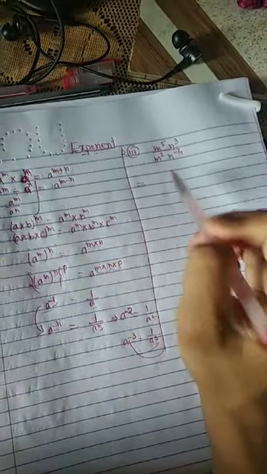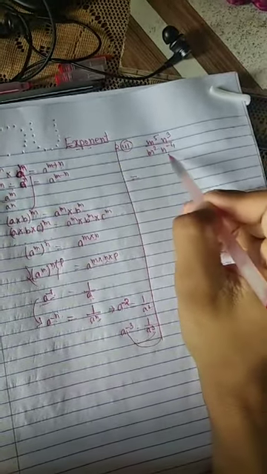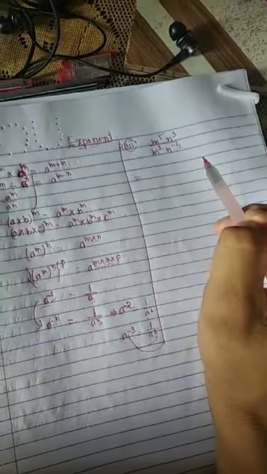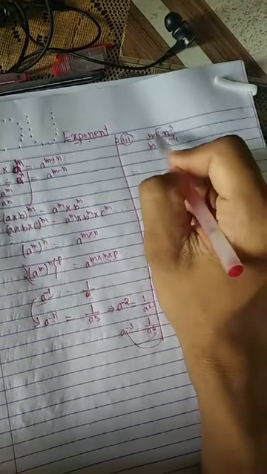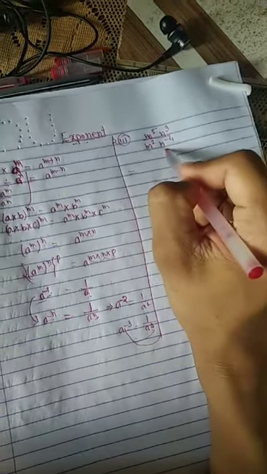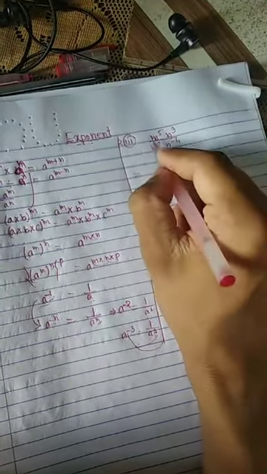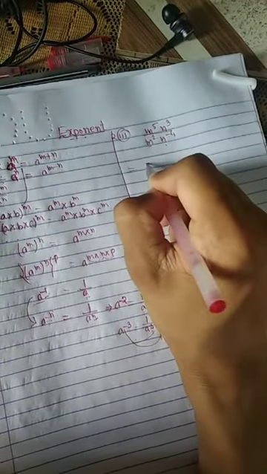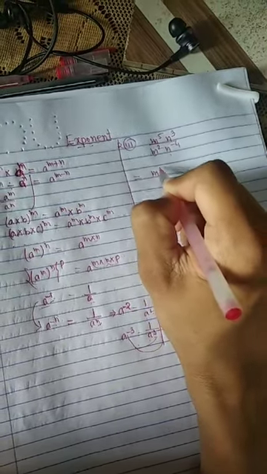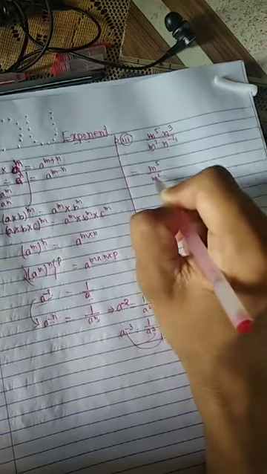We have m and n, and again we have m and n in the denominator. What we have to do here is see the equal bases first. Are they equal? No. Are they equal? No. But these two bases are equal. So write these two bases together, like m to the power 5 divided by m square.